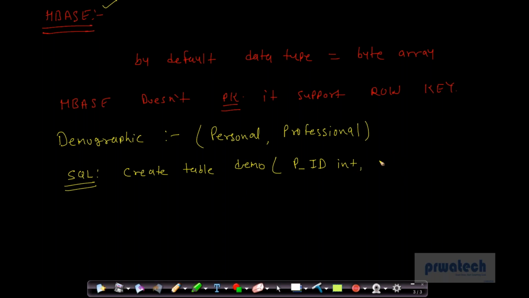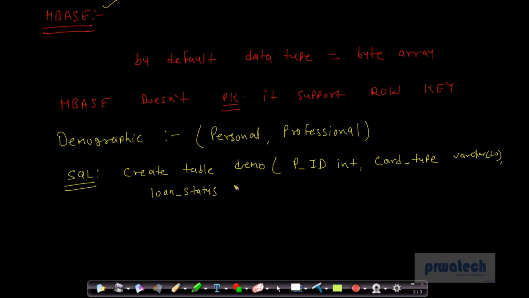Then I'm writing the personal records first. What's the card type, whether it's a savings or a credit account. This is varchar with a size of 10. What else? Loan status.